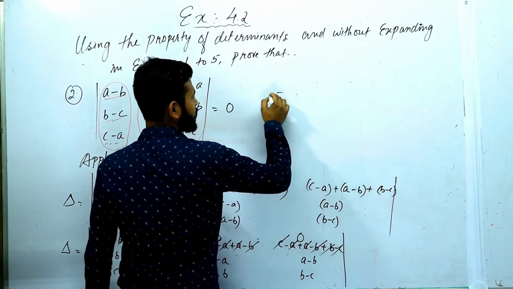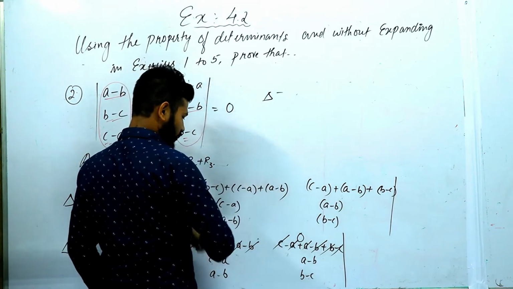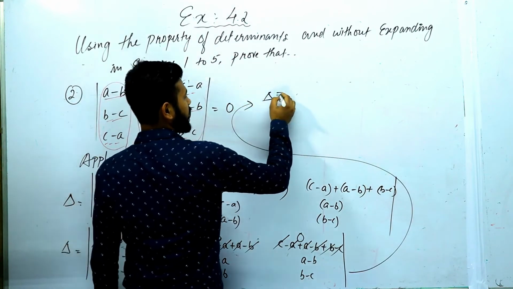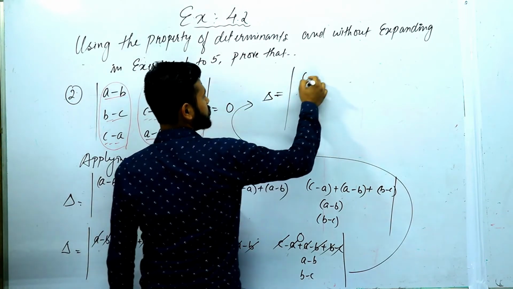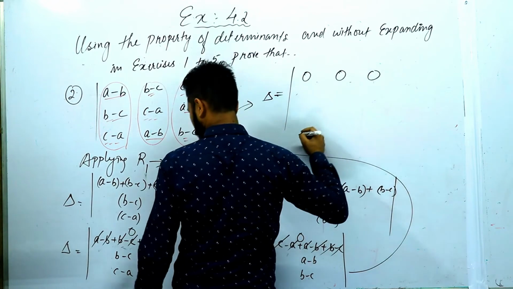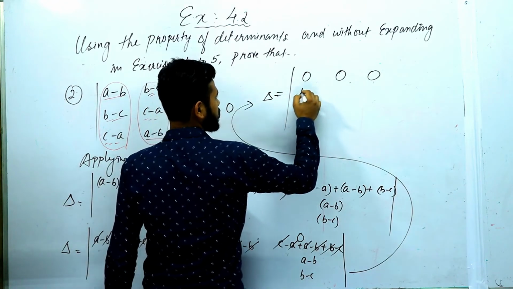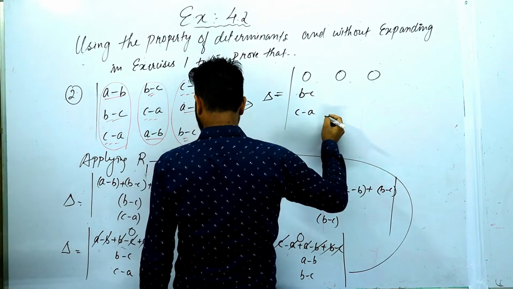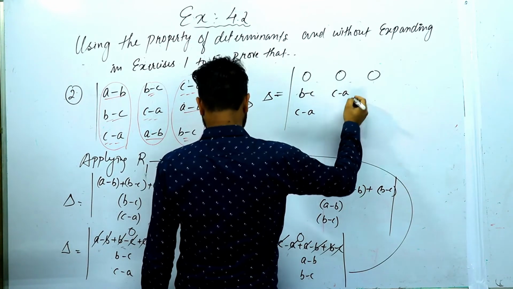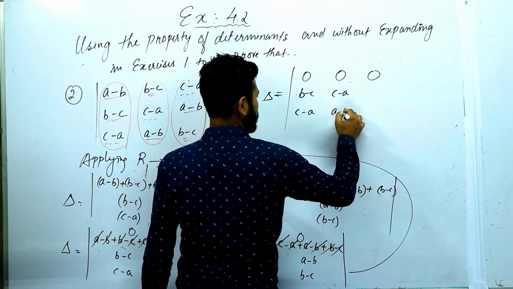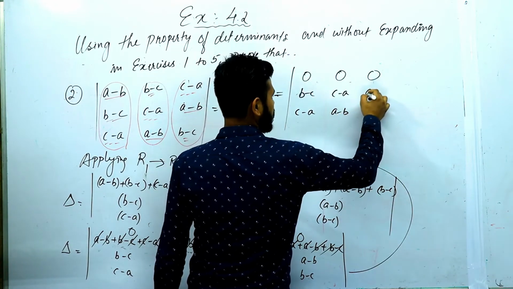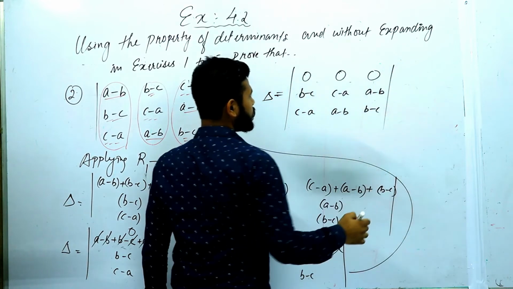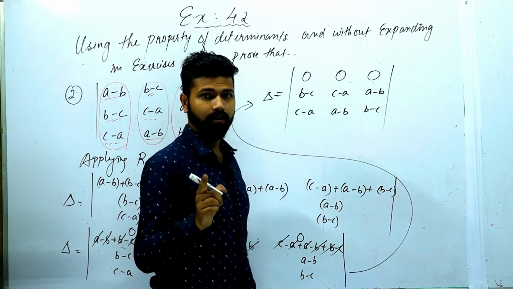So what we have seen is that, from this point, we are going to this point now. Delta is equal to what? 0, 0, 0. B minus C, B minus C, C minus A, C minus A. And here is C minus A, C minus A, A minus B, A minus B. And here is A minus B, A minus B, B minus C, B minus C. So we got one more property in determinants.